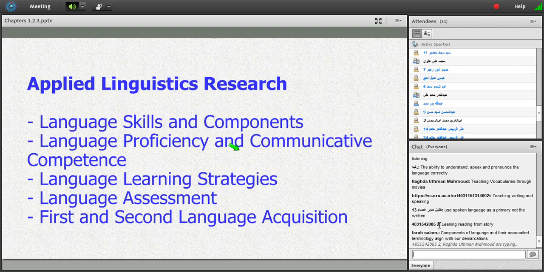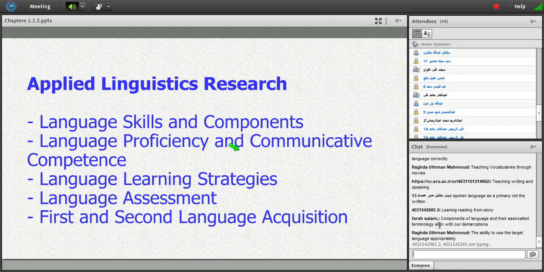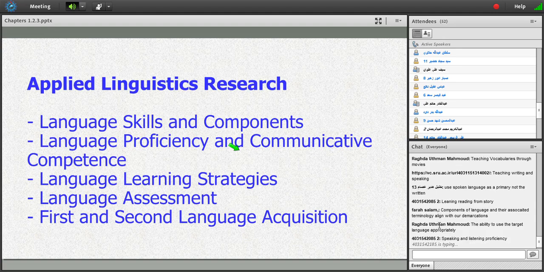Learning from the story, yes, so related to language skills, good. So what is communicative competence? Do you know its parts, its factors? The ability to use the target language appropriately. So it has various dimensions. Do you know the dimensions of communicative competence? It can be related to speaking and listening proficiency, that's right, but it has its own aspects.